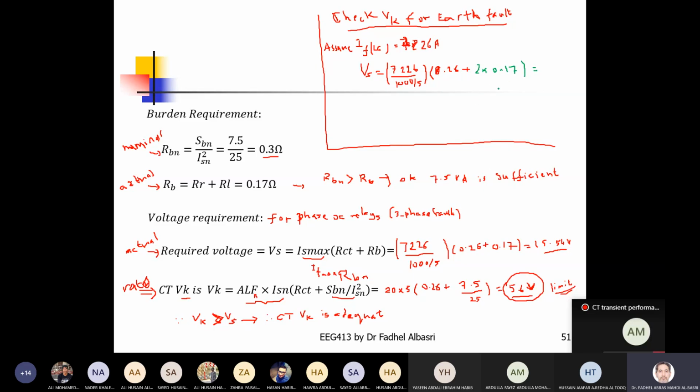And that's equal, I didn't calculate this one, so that's 7,226 times 5 over 1,000 times 0.26 plus 2 times 0.17, that's 21.7 volt.